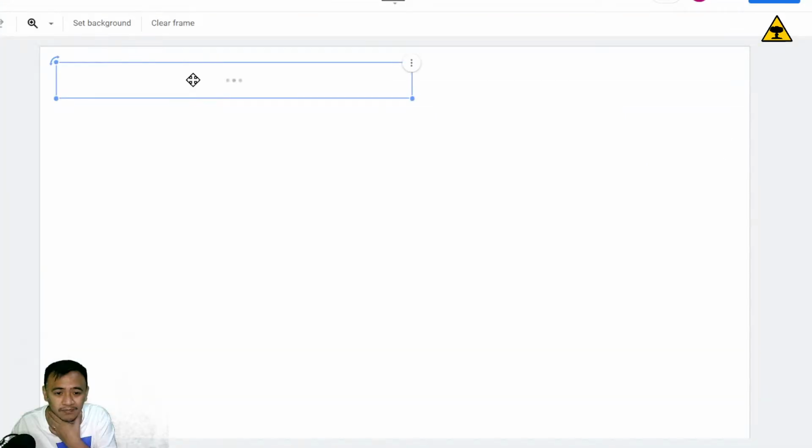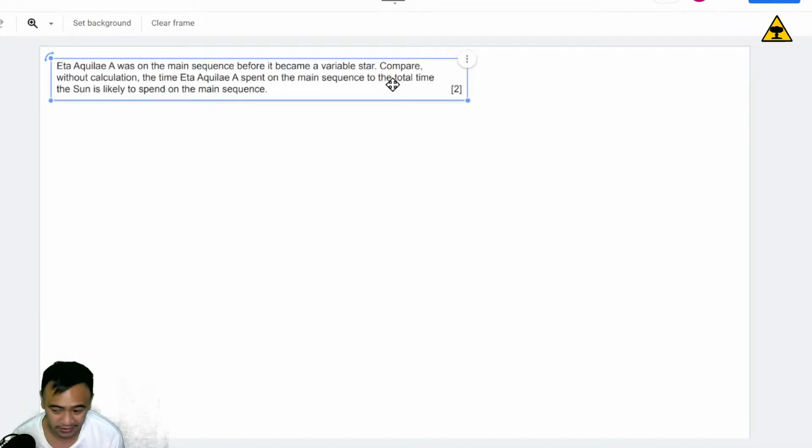Basically, the idea here is all stars start off at the main sequence, and eventually they become giants. And then what happens after giants depends on the mass. So that should give you a hint already.